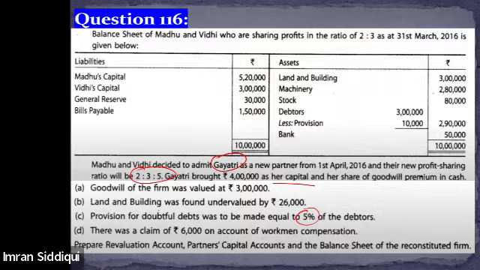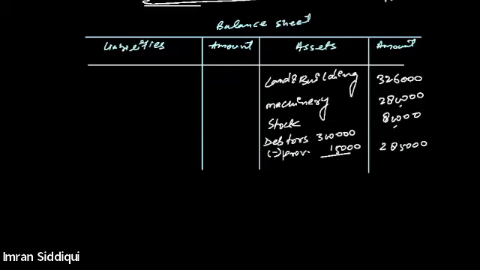Yes, the bank balance is also there. Bank is 50,000, but you remember Gayatri brought 4 lakh of capital by way of cash. So the overall cash balance will also increase by 4 lakh, and the premium for goodwill was also brought in by the new partner, 1,50,000. So let's write that down as well. Bank balance was earlier 50,000.